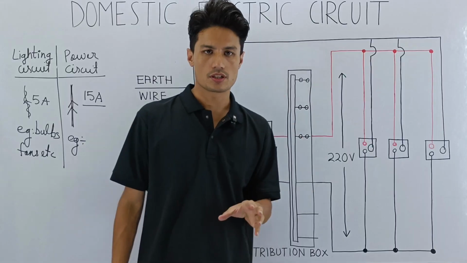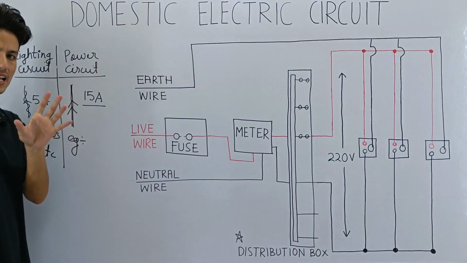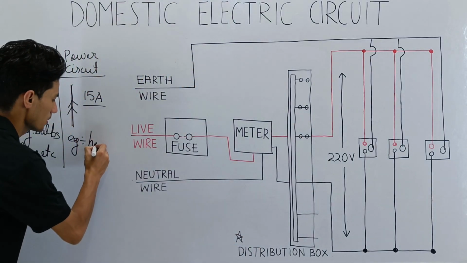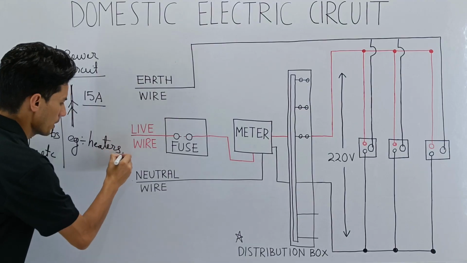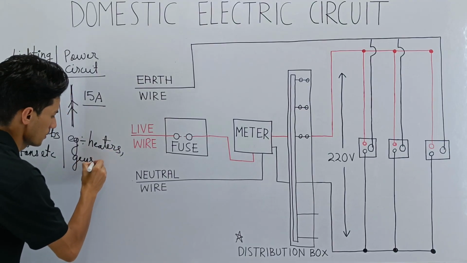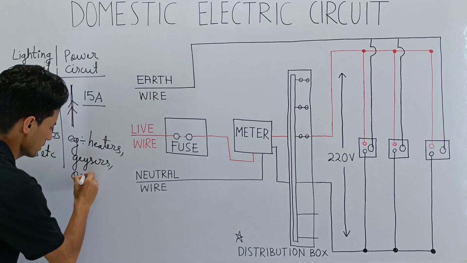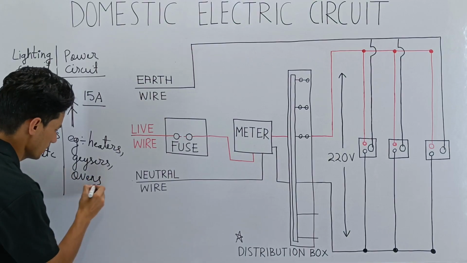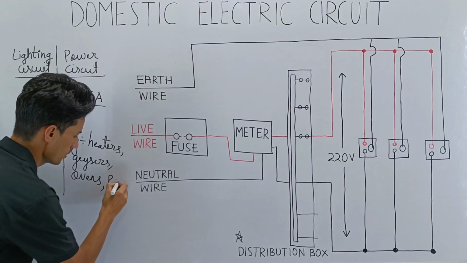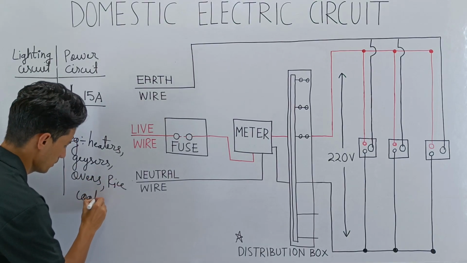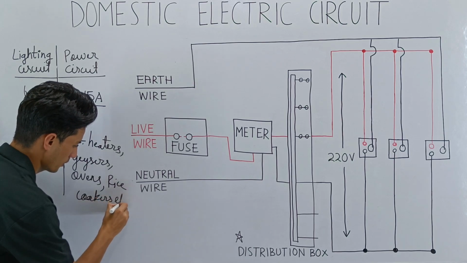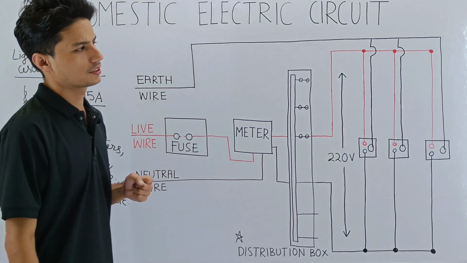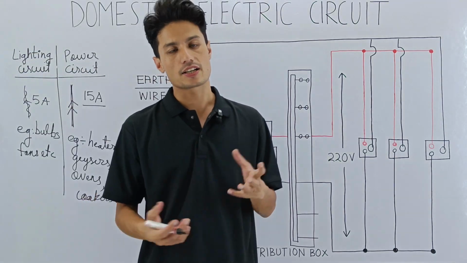What are those appliances? We have the heaters, the geysers, the ovens, the rice cookers, toasters, then ACs, air conditioners.